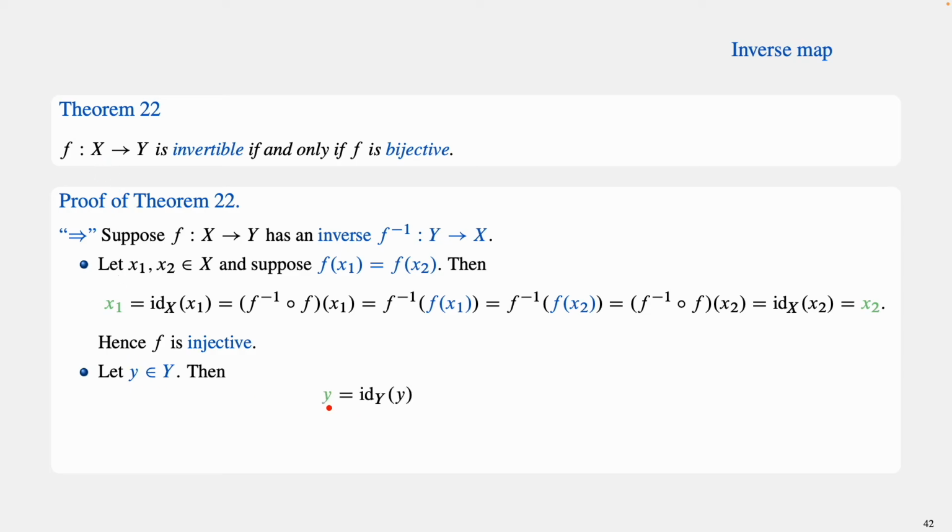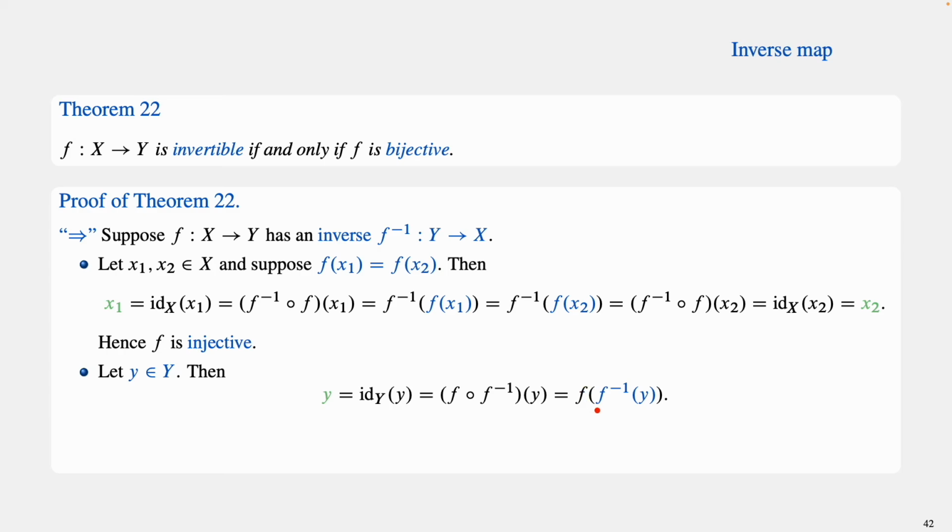So y is the same as identity applied to y, and this is the same as f composed with f inverse applied to y, which is the same as f of f inverse of y.